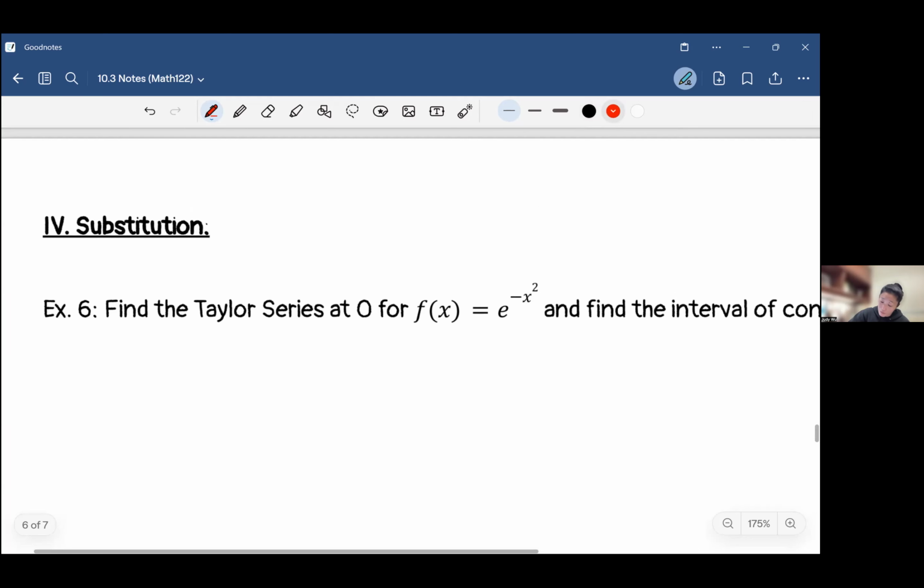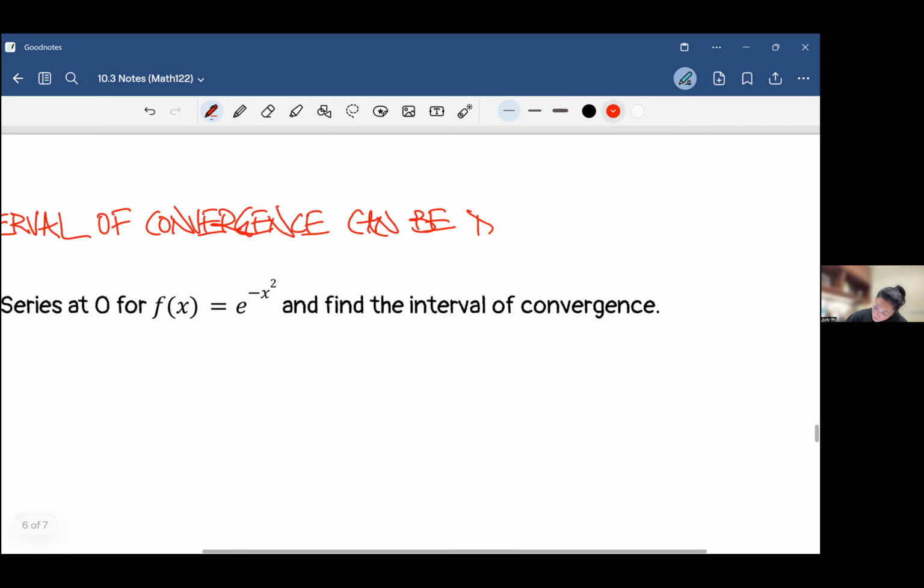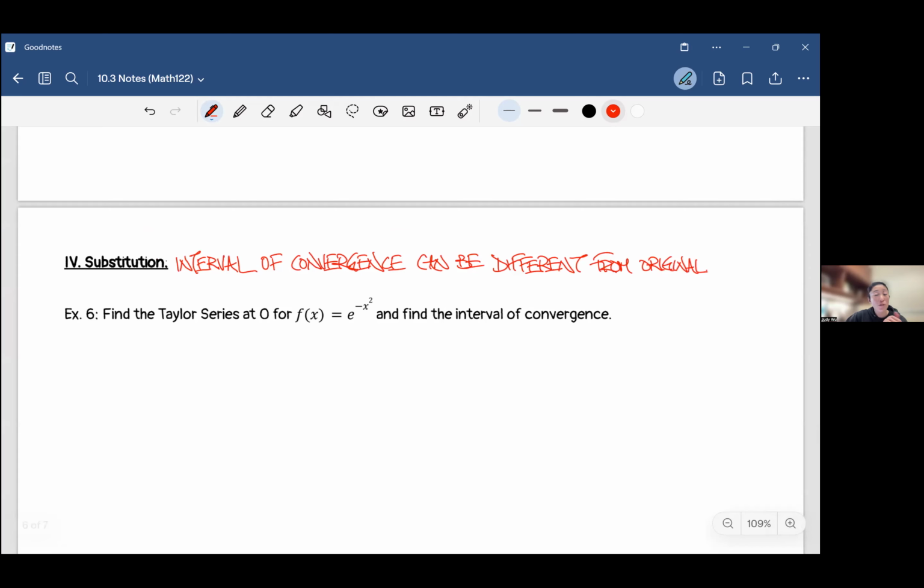So I do actually want to make a point that the interval of convergence can be different from your original when you're looking at substitution. Okay, so your interval of convergence won't necessarily be the same like it is for your differentiation and your integration. It might be different, so that'll be an extra step to watch out for.